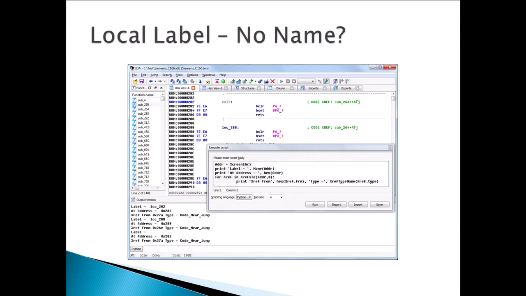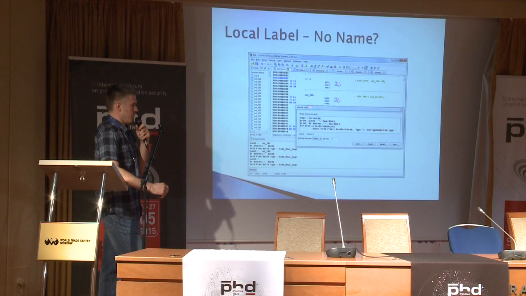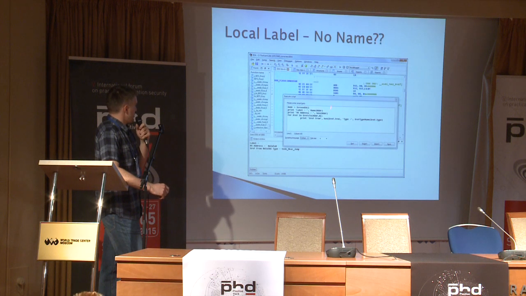Practically they do the same thing. Then if we rename this label as an exit, then this name disappears from here. It's a peculiarity that the disassembler from IDA has, that automatically named labels are global. So if you have renamed it, it becomes local.